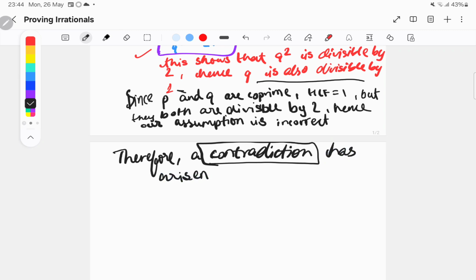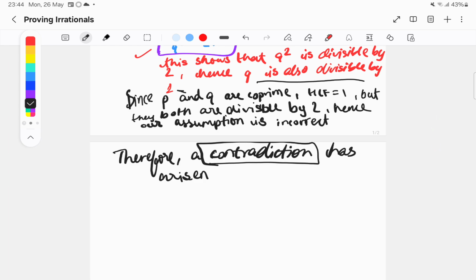What's a contradiction? Contradiction is basically, let's say I told you Rahul has a red jacket, but someone else told you that Rahul has a blue jacket. Now these two statements are regarding one thing, but they're contradicting each other. They're opposites. Same thing.